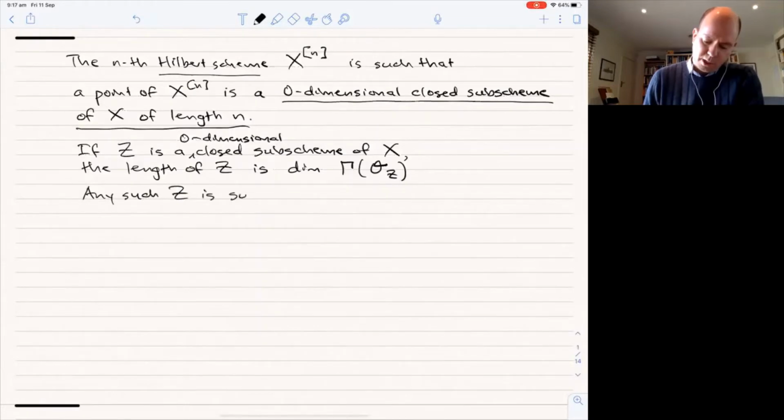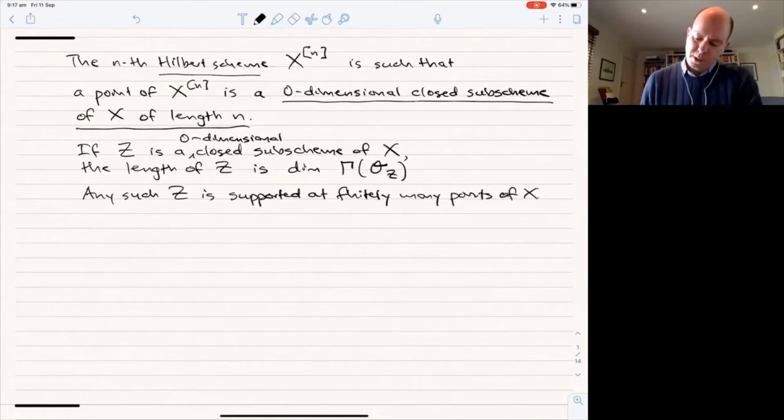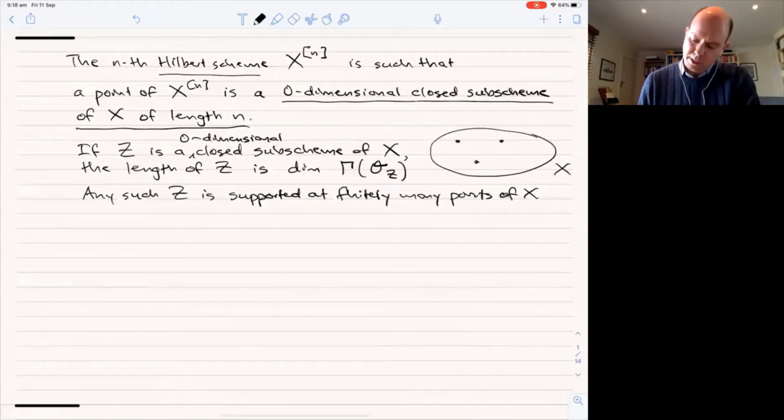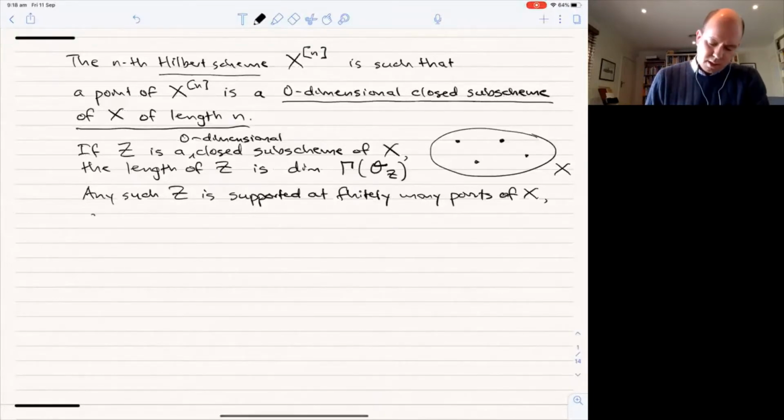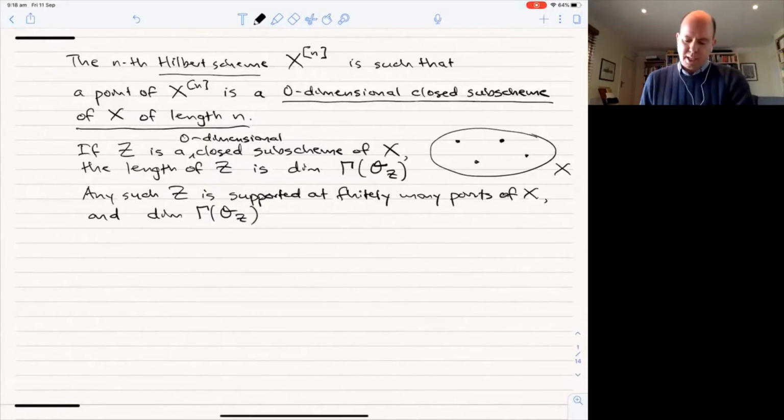Z is supported at finitely many points, so you have a picture where here's X. This Z, this closed subscheme, whatever that means, only lives at finitely many points of X, and this algebra of global sections of its structure sheaf is actually a direct product of its localizations at these various points.